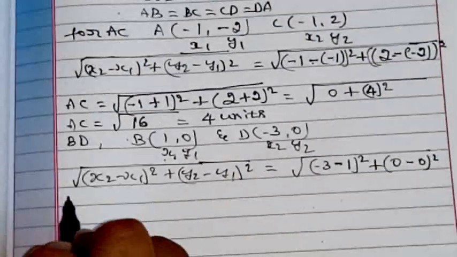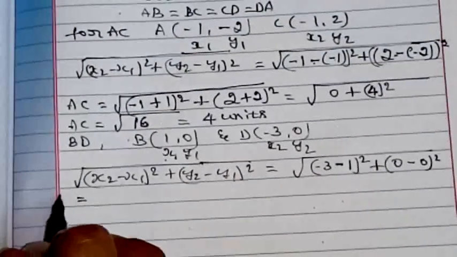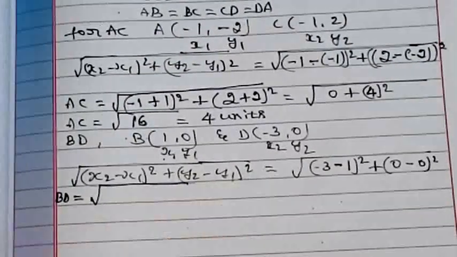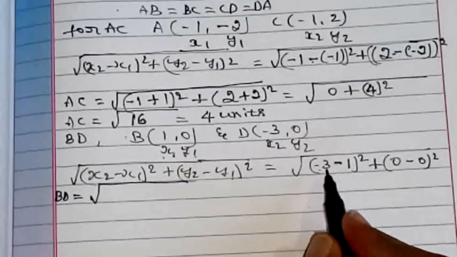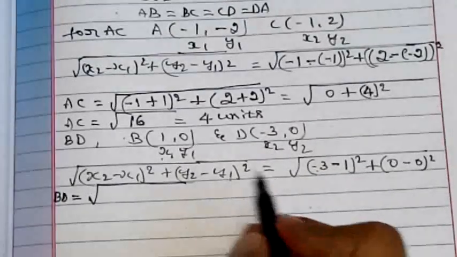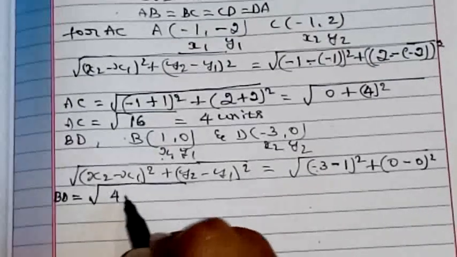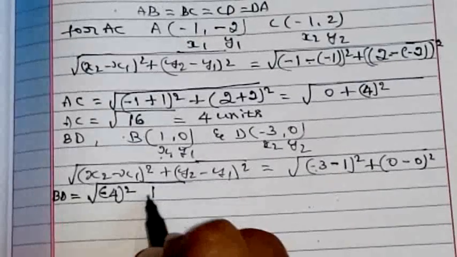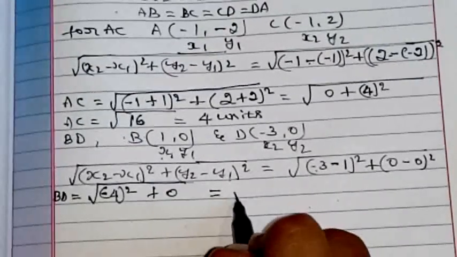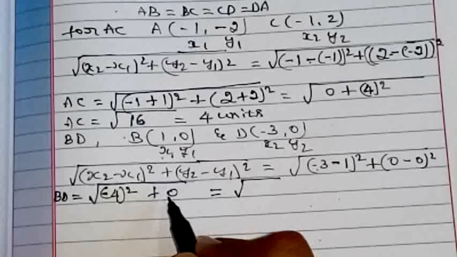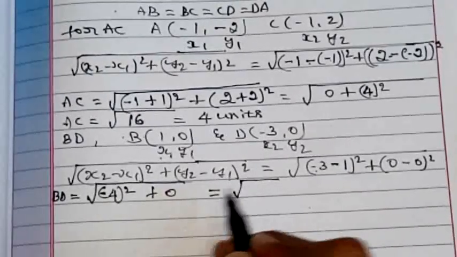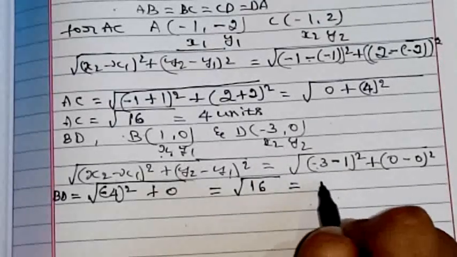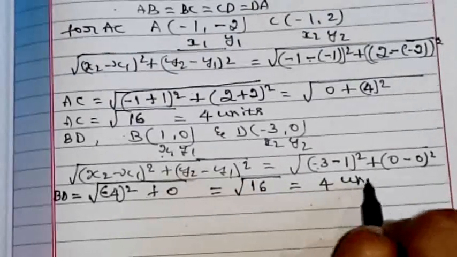So BD is equal to square root of, minus into minus is plus, so you need to add. 3 plus 1 is 4, and the sign of the bigger number is minus, so minus 4 whole square plus 0. Any minus square will be plus, so it is 16, and the square root of 16 is 4 units, right?